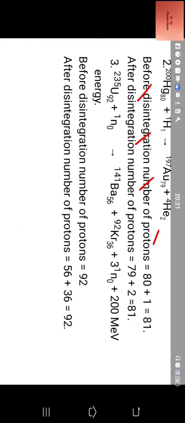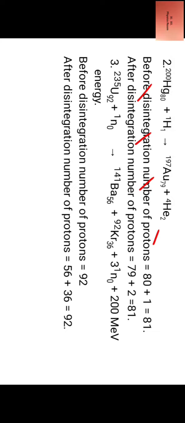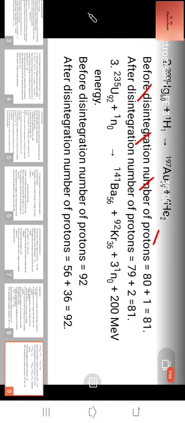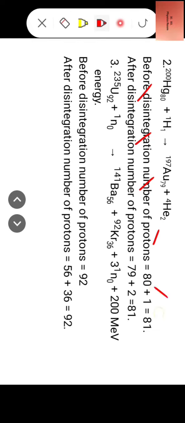Before disintegration, the number of protons is equal to 80 plus 1, 81. After disintegration, the number of protons is 79 plus 2, equal to 81. Thus, the number of protons before and after disintegration are the same.